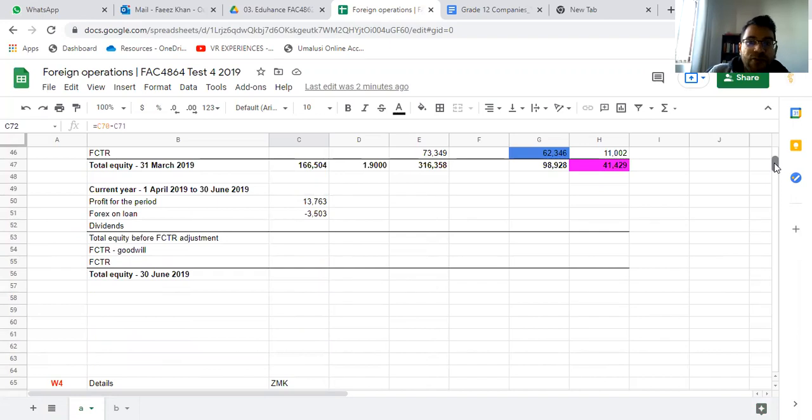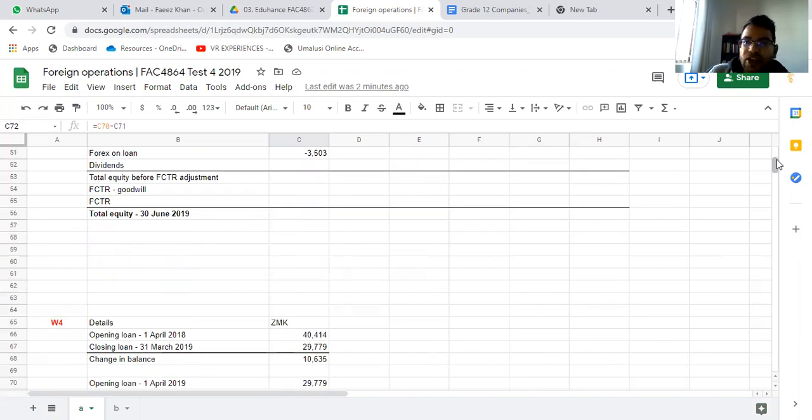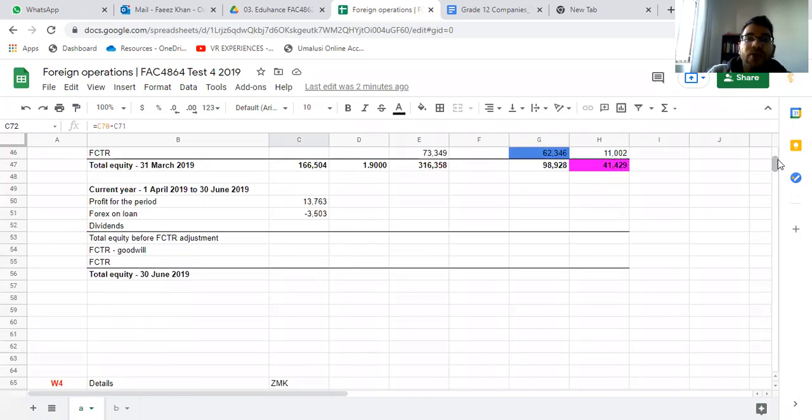So because they have to pay more, it is a loss. How do we know it's a loss? Because they have to pay more, their liability is increasing. The loan balance is increasing. The loan balance is a liability, therefore liabilities are increasing. A liability increases on the credit side. For every credit, there must be a debit.